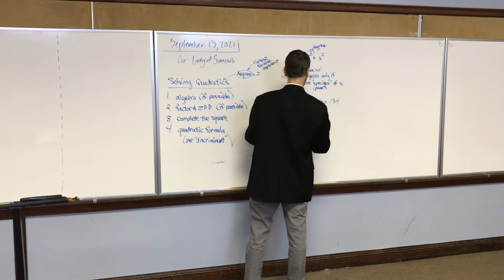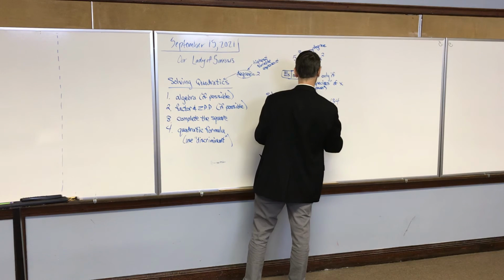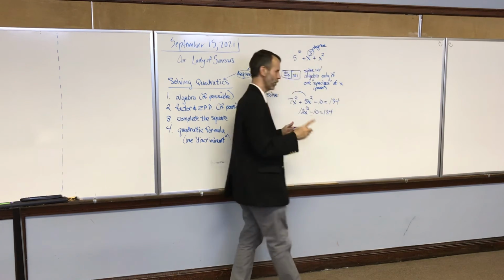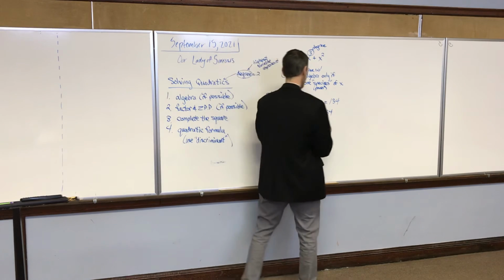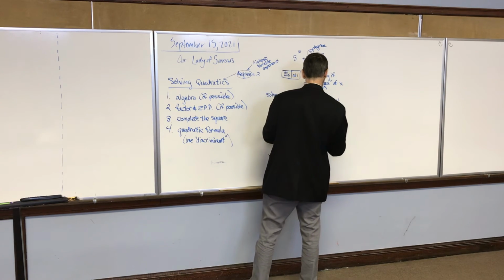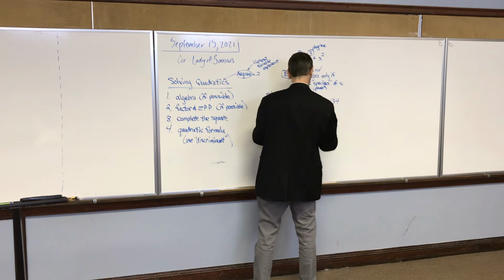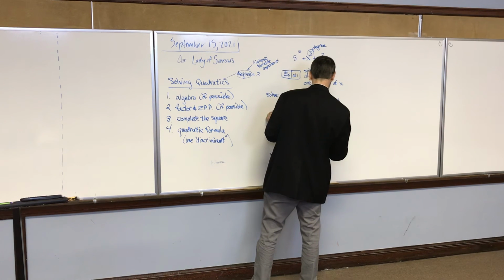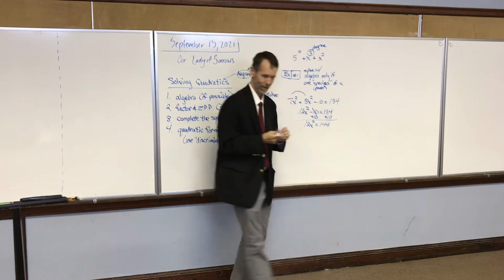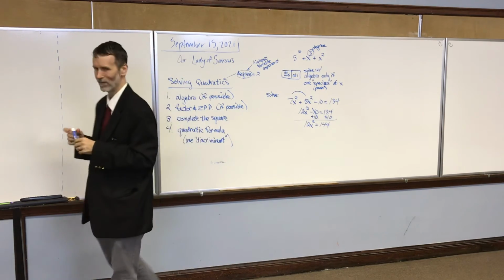12x squared minus 10 equals 134. What would you do next? Right, whatever's farthest away from the variable, get rid of that first. Add 10, 12x squared equals 140. Okay, Spencer, take over.